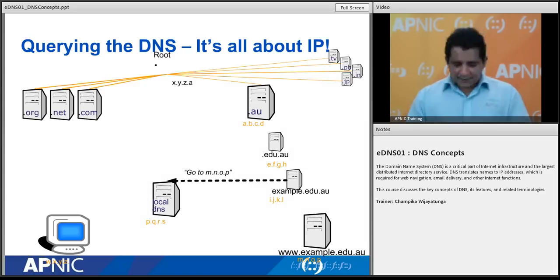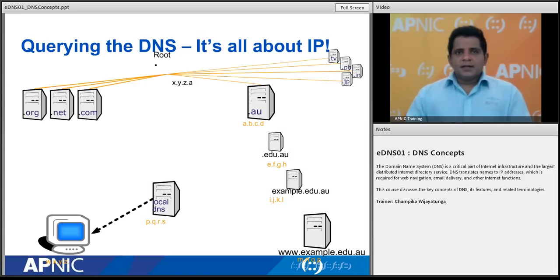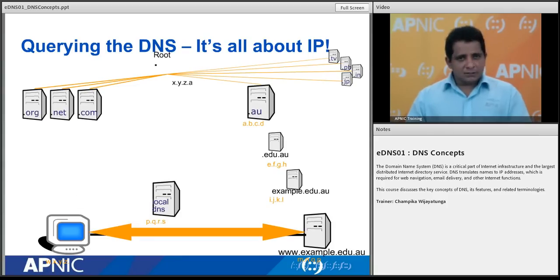So in this case, the name servers of example.edu.au will give an answer, because the record related to www.example.edu.au, the IP address belonging to that name, is in the zone of the example.edu.au name servers.